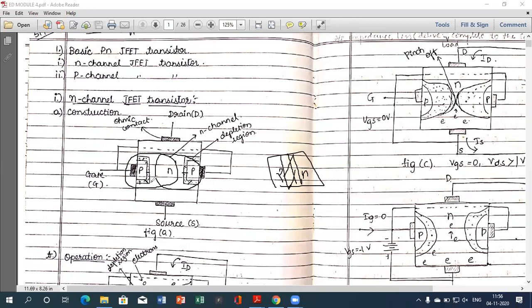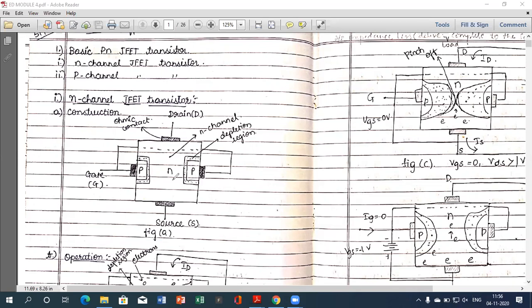But here you have two PN junctions. That's why two depletion layers are shown next to the N-type material, which we call the channel. So from this it is clear that in this construction a channel is formed between the two P-type materials, which allows electrons to flow, because the majority charge carriers in N-type material are electrons.